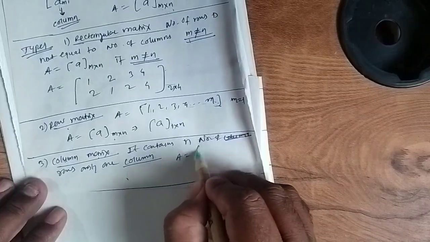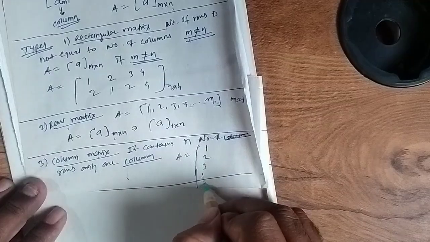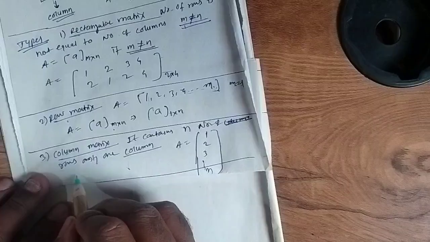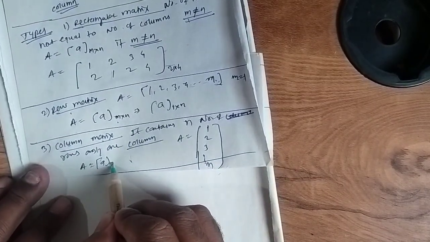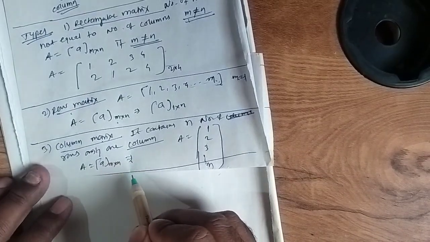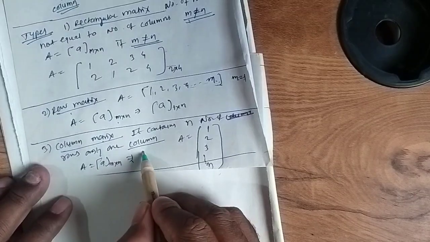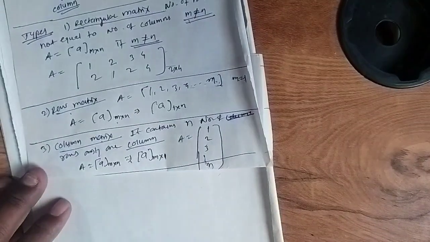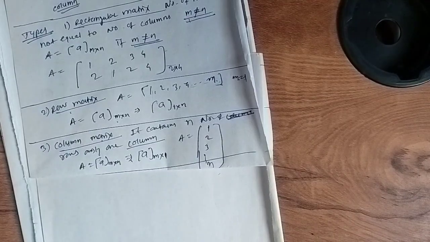It may be 1, 2, 3 up to n. So it is denoted by A of order m by n, where the number of columns is 1, that is m by 1.